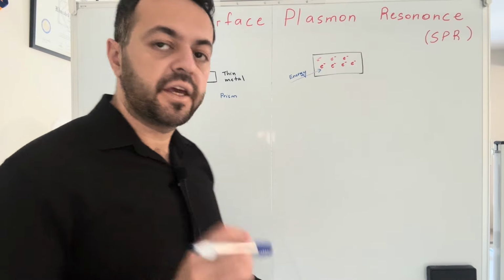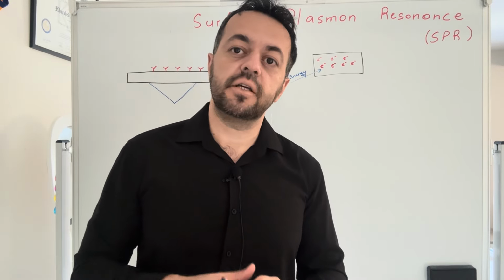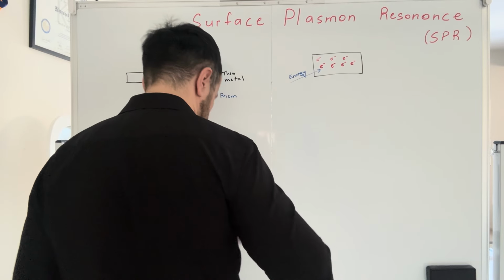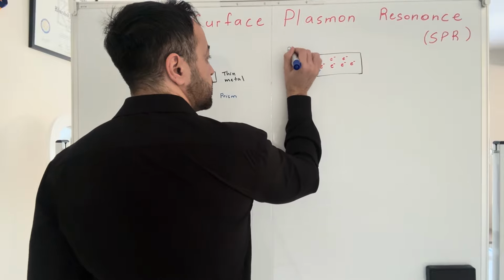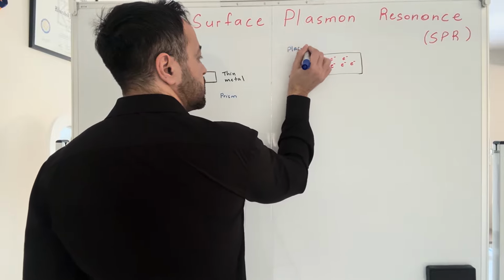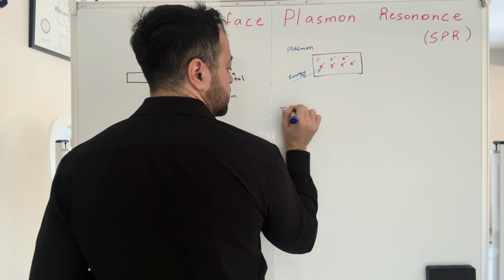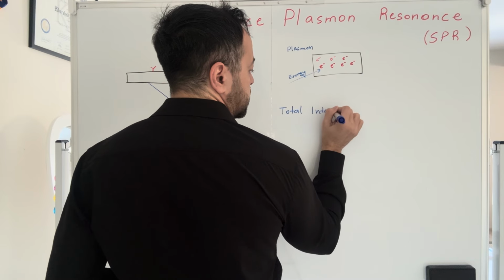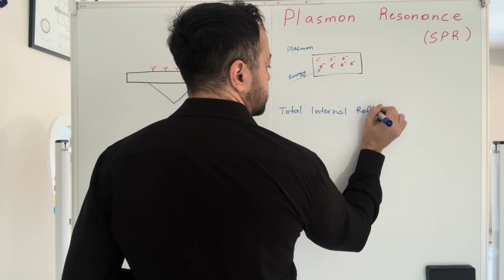So one more thing you really need to understand is total internal reflection. I'll just write here, this is just the definition of plasmon. And then next I want to talk about total internal reflection.